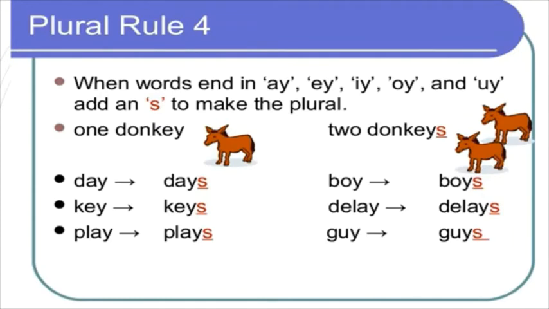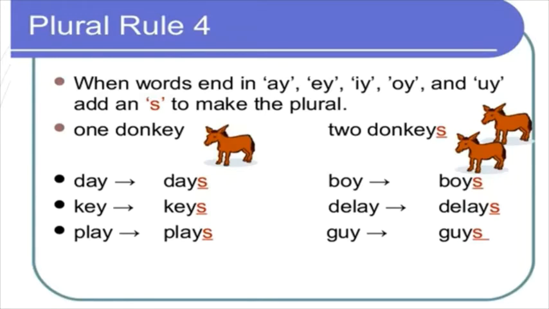Again, I can tell you that if there is a countable singular noun that ends with y letter and there is a vowel letter before y, we have to add only s letter to pluralize it. Look at the first example, one donkey.